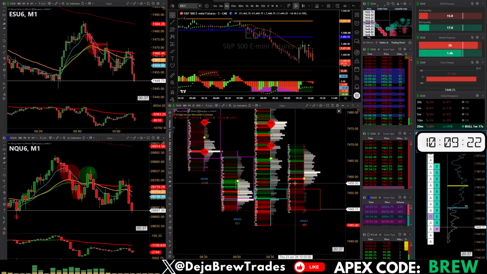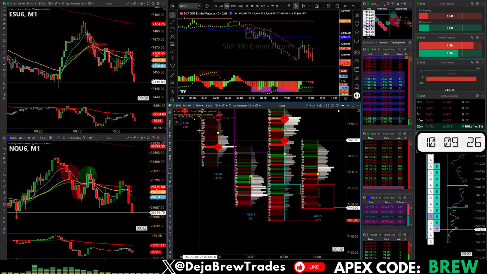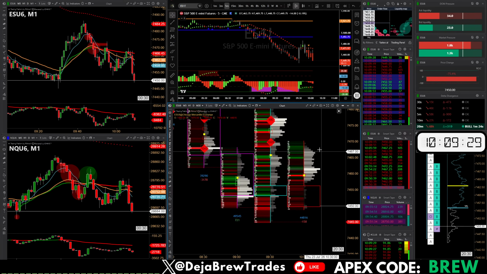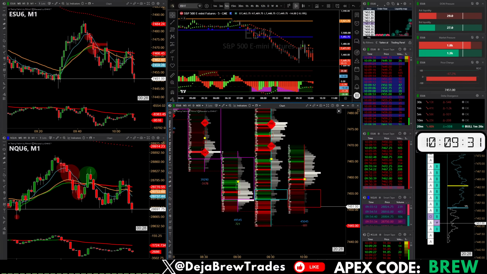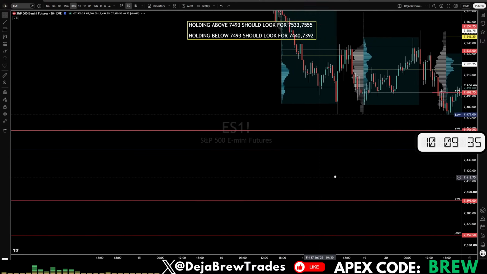Okay, here's that prior low. We're basically acting like this pump was just a complete trap and we're just going right back into the downtrend that we were already in. Keep an eye on that 440 level. Staying below that is pretty bad.